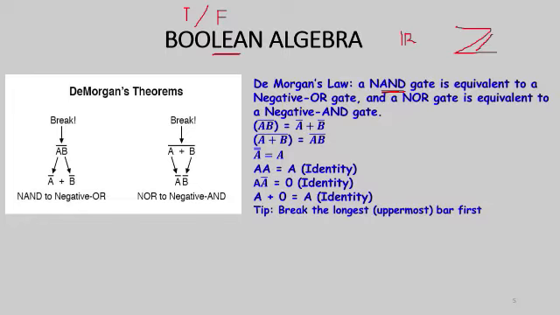So this is DeMorgan's law. DeMorgan's law says NAND of AB is the same thing as a negative OR.